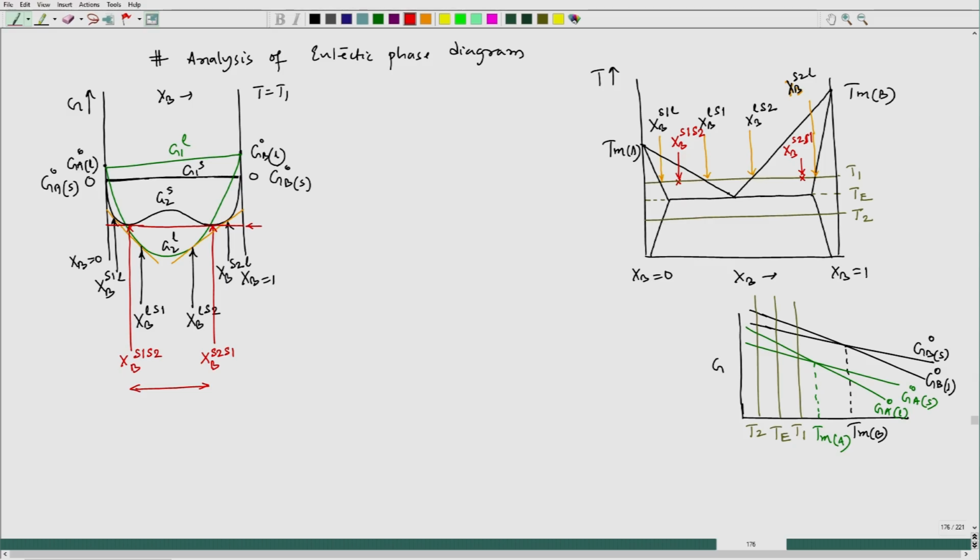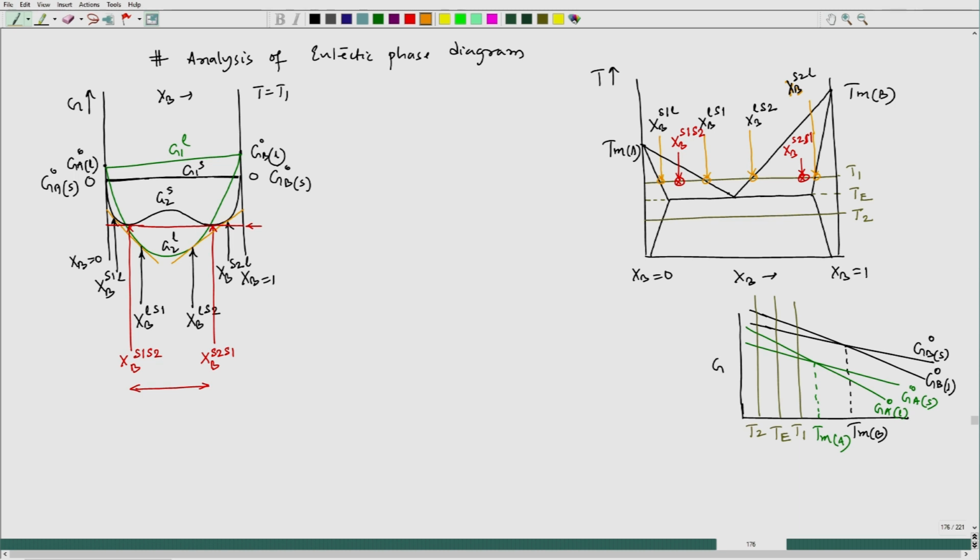So, that means the brown tangent compositions will be stable compositions and the red tangent's corresponding equilibrium compositions will be metastable compositions. Okay. So, these 2 points are metastable points and all other points marked with brown are stable compositions. Now, if I try to look at temperature T2, what will be the situation?